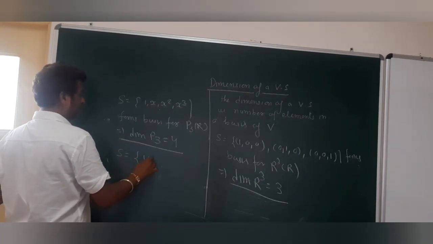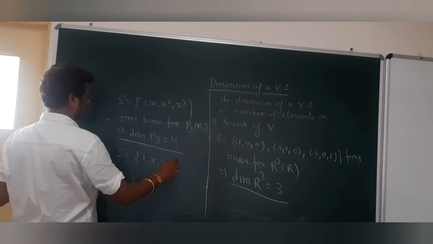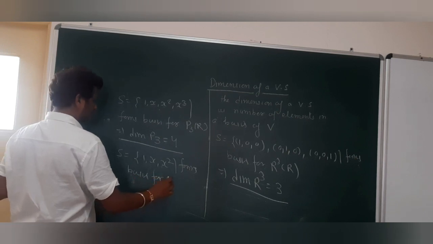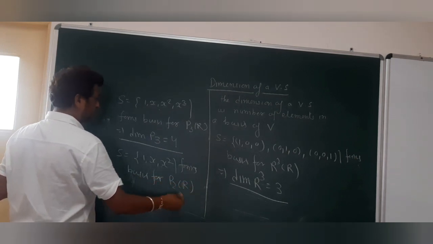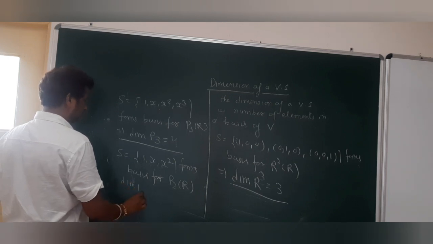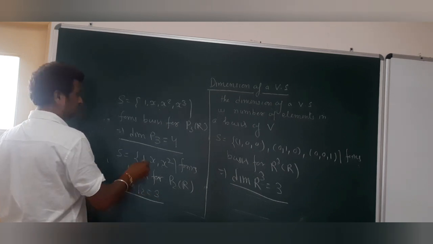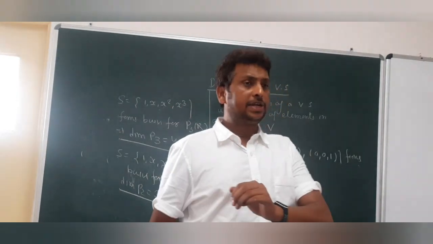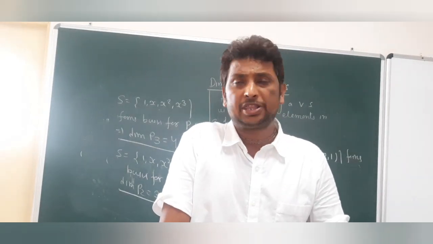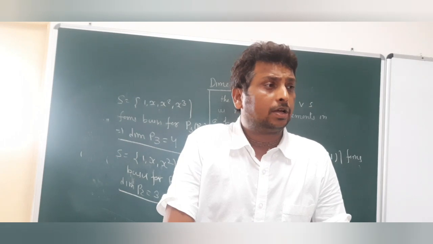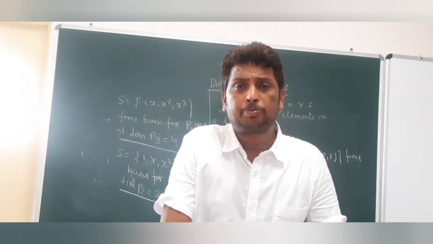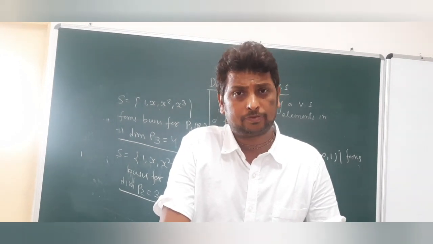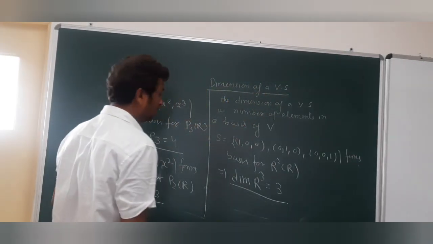As 1, x, x square forms a basis for P2, degree at most 2, what is the dimension of P2? 3 elements are there. So in fact, easily you can tell the number. What is the dimension of a vector space? Just find out any basis for that vector space and check how many elements are there. The number of elements in a basis of a vector space is the dimension of the vector space.